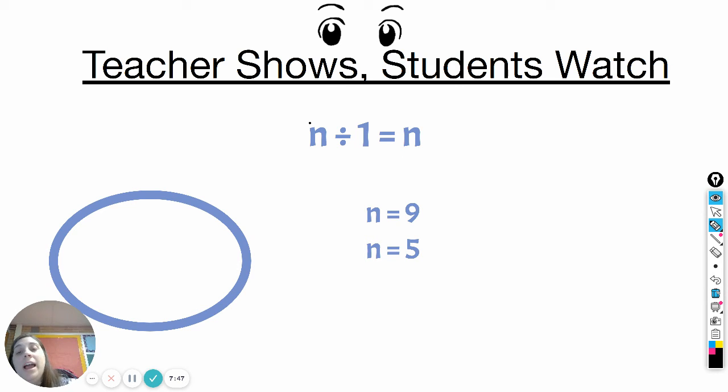Now I'm going to do it with 5. 5 divided by 1. 1, 2, 3, 4, 5. 5 dots divided into one group equals 5 dots per group. So any number divided by 1 will equal that number.